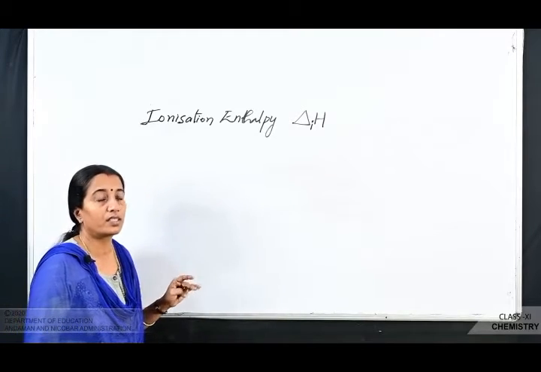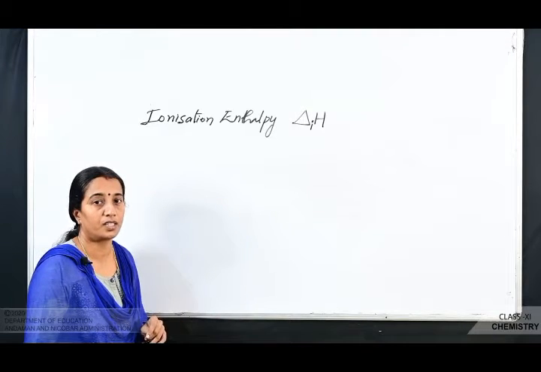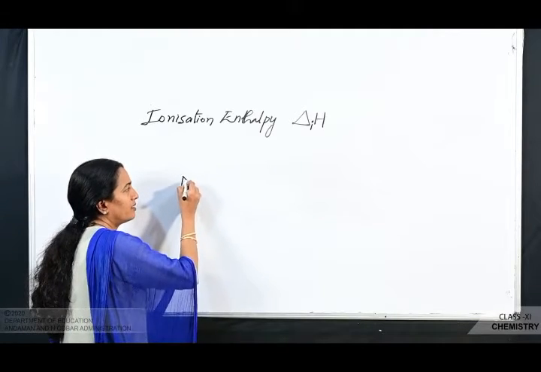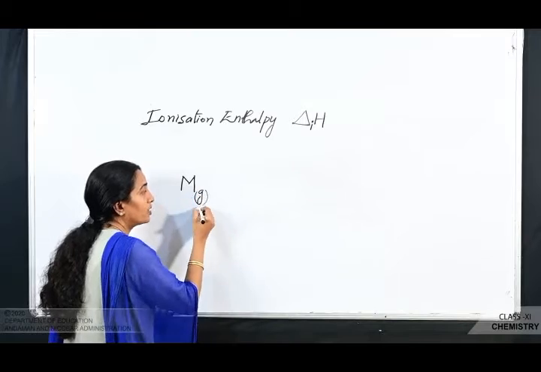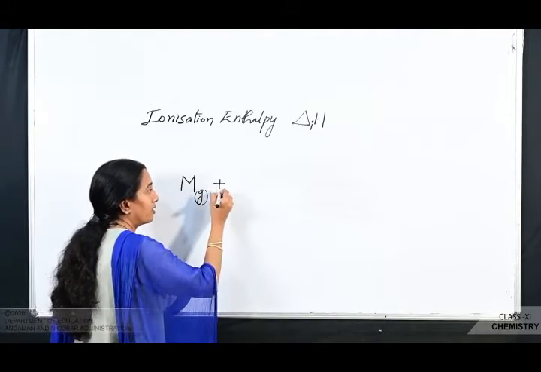It is the energy required to remove the electron from an isolated gaseous atom in its ground state. So we will take the example. For example, this is the general example. Whenever we are removing it, we should remove it from the isolated gaseous atom. In the solid state, the electron cannot be removed.